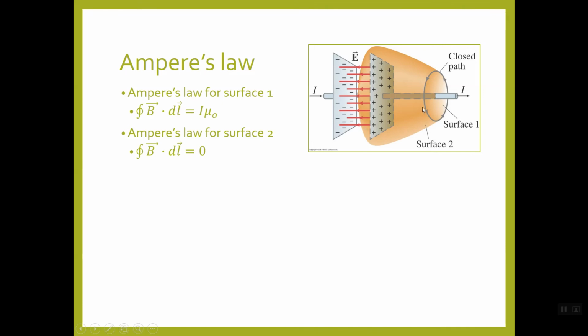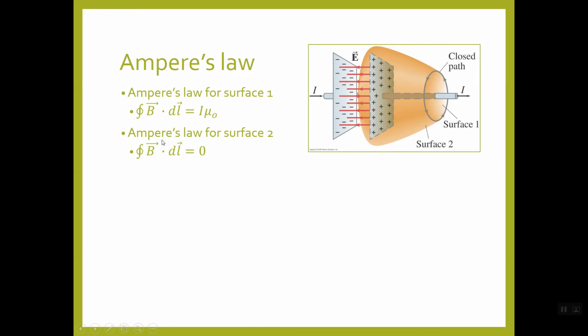Now I'm going to use the same boundary, the same Amperian loop, but my surface is going to be this bulged out, kind of like balloon surface that passes through in between the plates of the parallel plate capacitor. Now, if I look at the I enclosed in this case, for the same Amperian loop but a different surface, there is no current that passes through this surface.